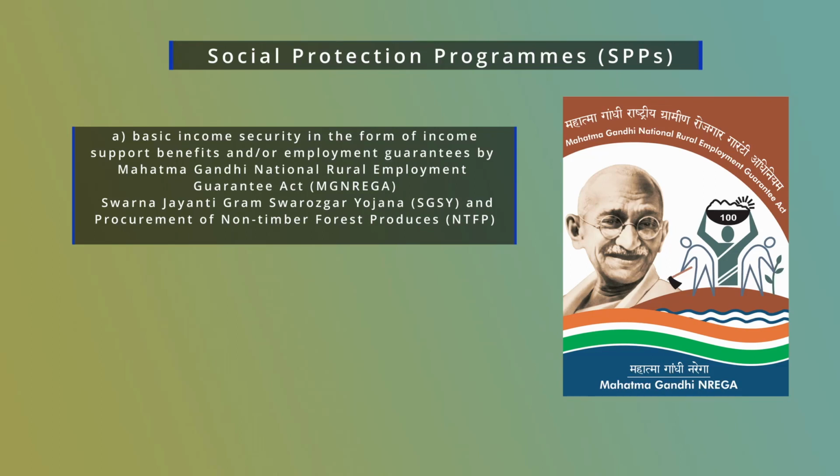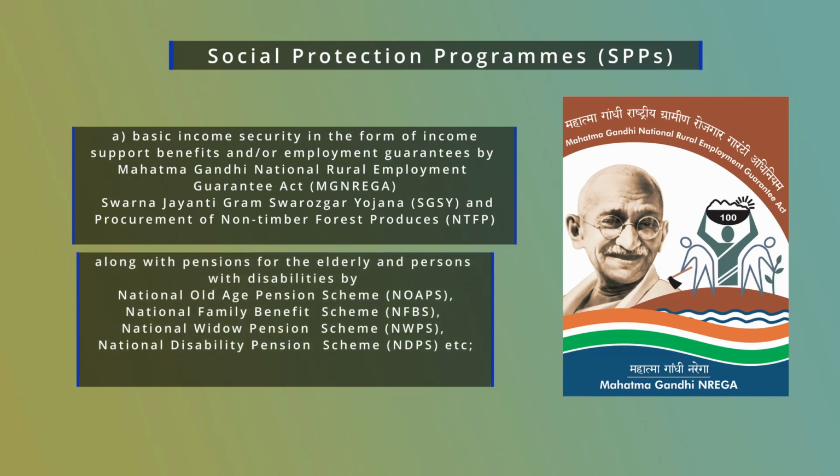Along with these programs, there are some pension schemes that also provide income to specific groups of people. These pension schemes are the National Old Age Pension Scheme, National Family Benefit Scheme, National Widow Pension Scheme, and National Disability Pension Scheme. All these programs, that is, the income generating programs as well as pension schemes, are helpful for households to generate additional income.